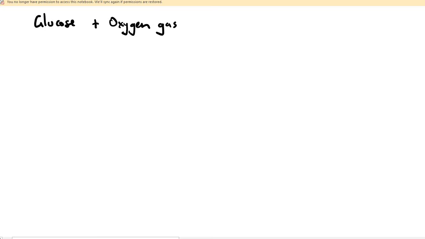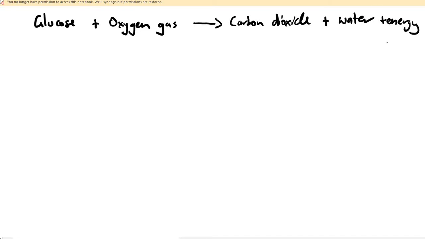And when you do that, your body is really good at taking that glucose and oxygen, and there's a reaction that occurs where it produces carbon dioxide, which is what you breathe out, and water, which is partly what you pee out, right? And you also get energy out of that to do stuff. Whatever you need to do, which is kind of cool. So you get the energy extracted from the glucose.